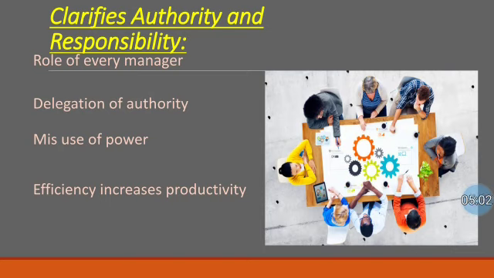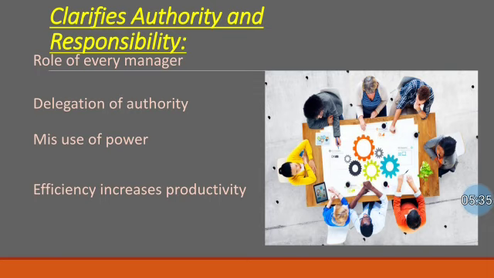Hence, the top level managers can get the tasks done from their subordinates as they have the authority to give orders and commands to those who are working under them. Whereas responsibility is the obligation of an individual, or we can say the promise of an individual to carry out or to complete the task or work which is given to them by their senior.